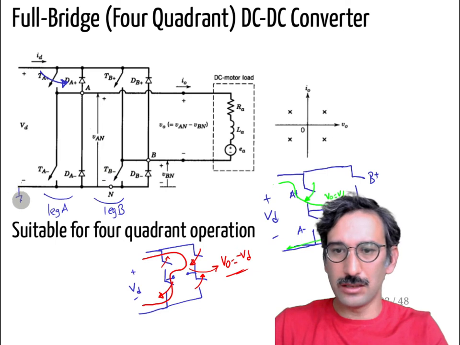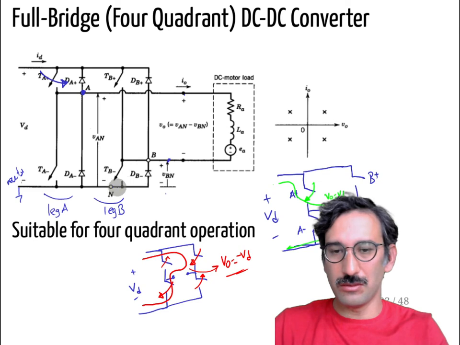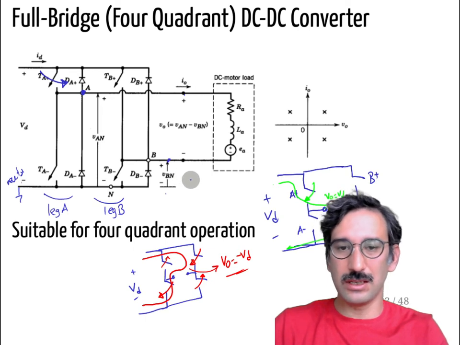Okay, that is our neutral. So again, you can just define the voltage. So the terminal A voltage VAN can be VD or 0, and you can have the VBN voltage. Again, if that one is closed, that is VD or 0. Okay, so VAN can be VD and 0, VBN can be VD or 0.